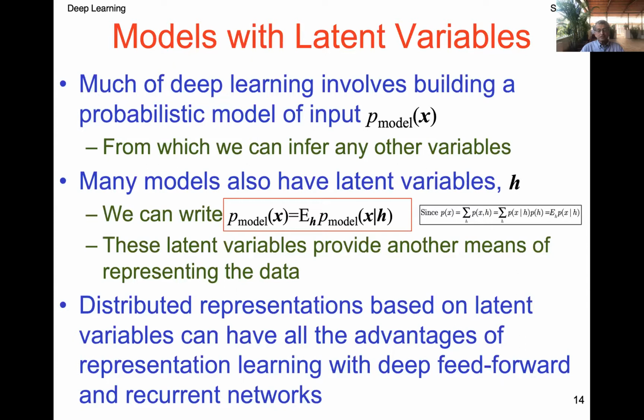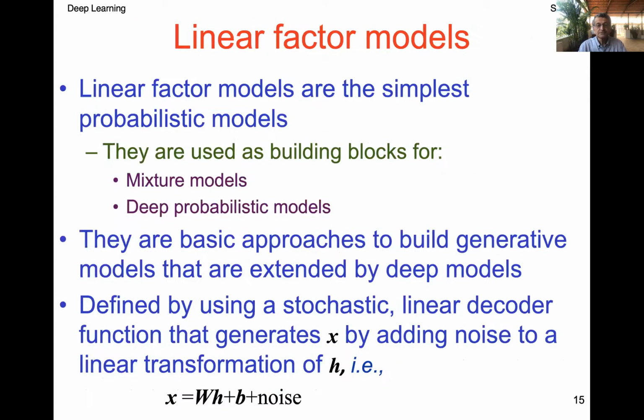Distributed representations based on latent variables can have all the advantages of representation learning with deep feed-forward and recurrent networks. So we can have all these complicated models and have simple distributions.